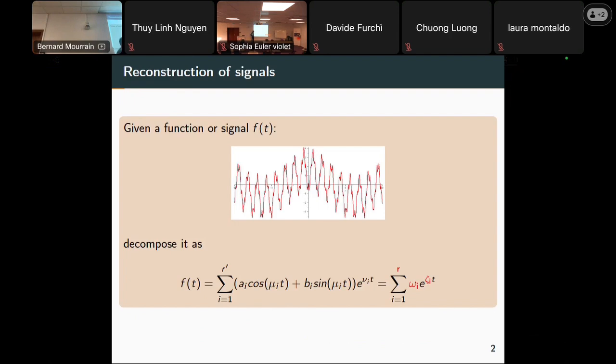Or if we look at it in terms of exponentials, a weighted sum of exponential functions, with weights omega_i and the exponential of zeta_i times t. So from the observation of the values of this function, can we deduce this r, which is the number of terms we have here, omega_i the weights, and zeta_i the frequencies?